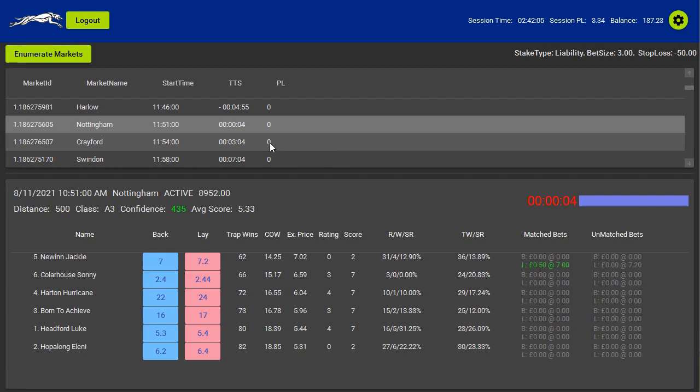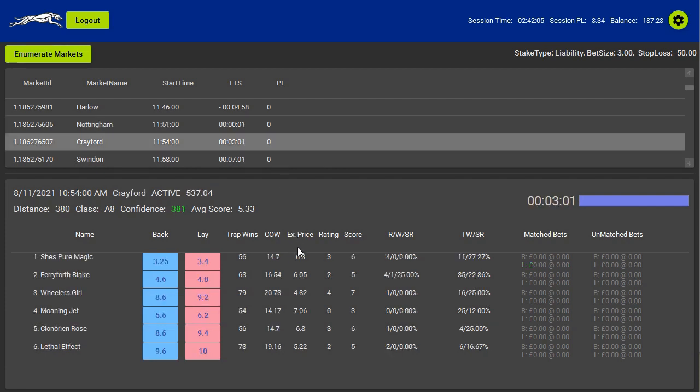We could certainly go on the next race. Have a look at that one. So we got a 3 there with Moaning Jet. So if we look at Moaning Jet and then do the cow, and the rating, I mean, we could wait and also go on this one. So maybe we'll do that.